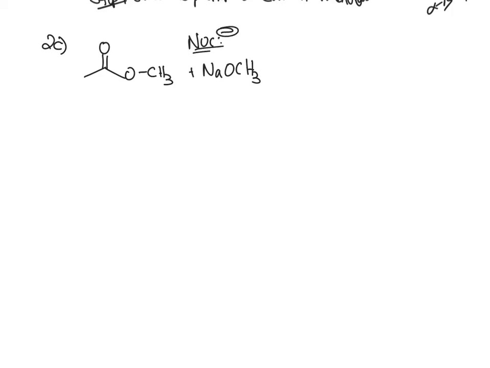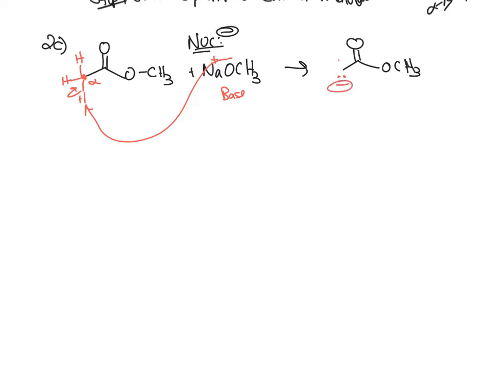So you've got to find your alpha carbon. There's your alpha carbon. Draw in your hydrogens. So I want to see this labeled. Okay, now this is your base. It's going to come and take that hydrogen and form your enolate. Okay, so there's your alpha carbon.